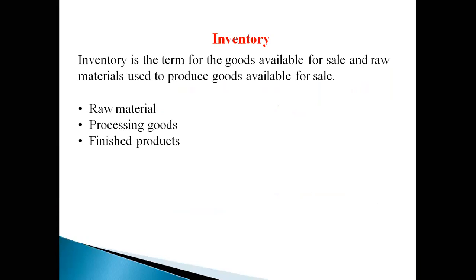All of you know inventory is nothing but the availability of goods in the stores, which is required for sales, and the materials produced from raw materials are also called inventory. Inventory containing raw materials is also considered inventory, along with processing goods that undergo production of the particular goods.